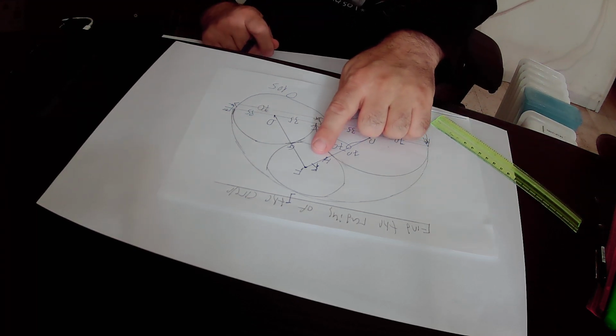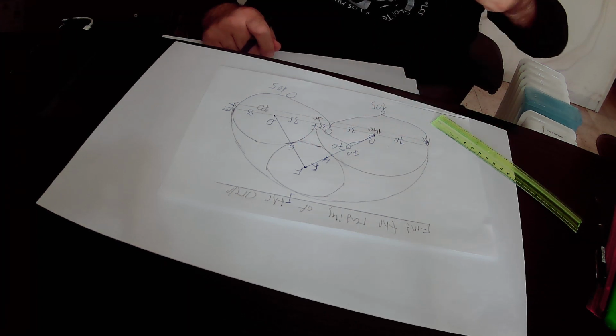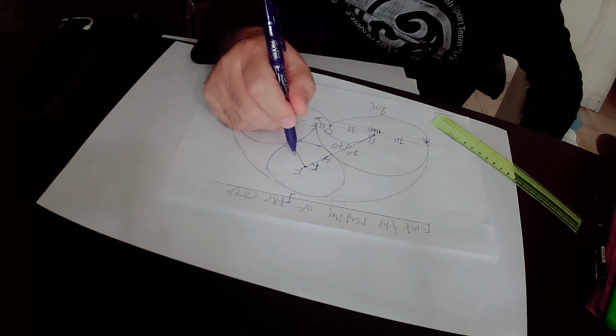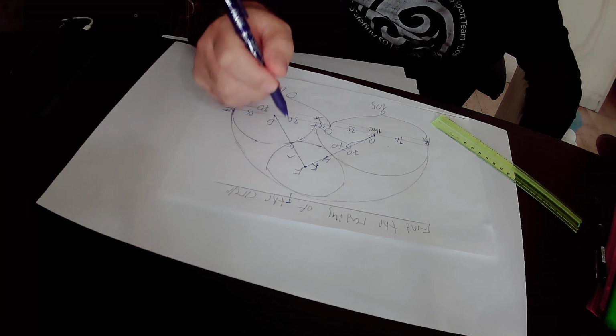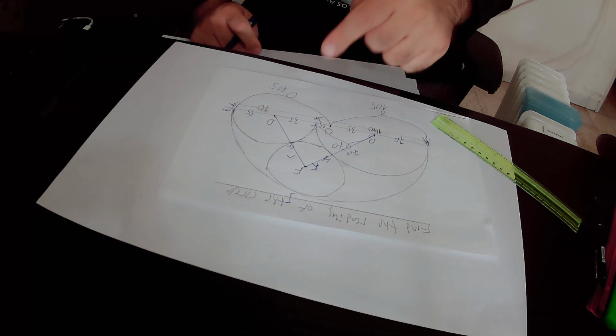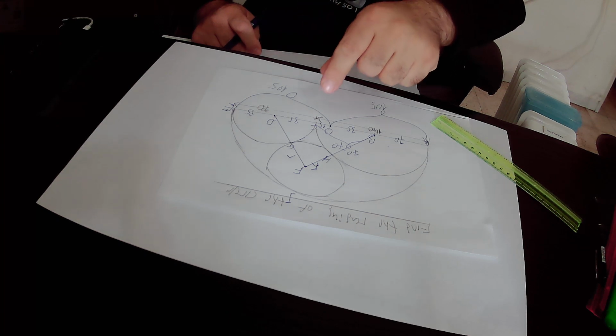Point F is the center of this circle. Point G is the point on the circle itself. Therefore, FG is the radius of this circle that is equal to small r. Here, point D is the center of the smallest semicircle. Point G is the point on the smallest semicircle itself. This is exactly the definition of a radius.